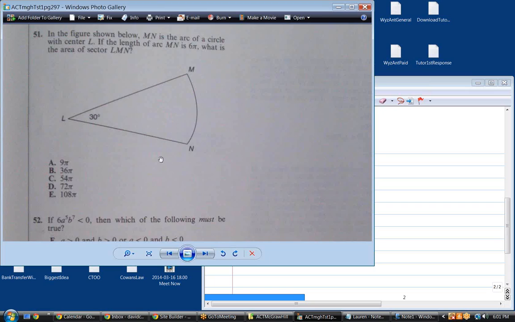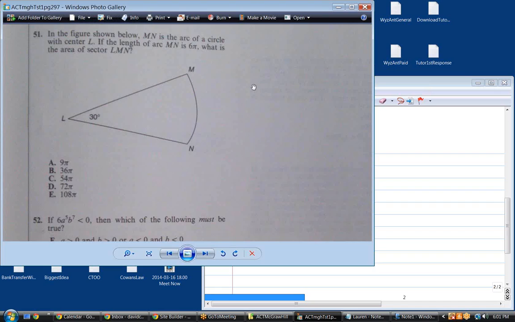a common type problem. If they give you an arc length like this, they tell us that that is 6 pi. Well, could we tell what the circumference of the whole circle would be?